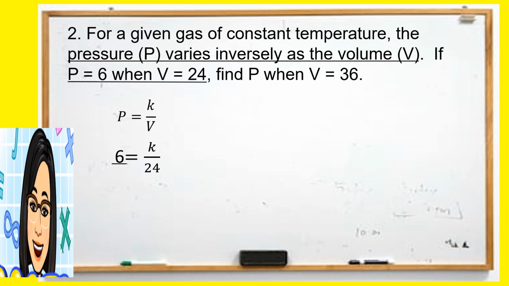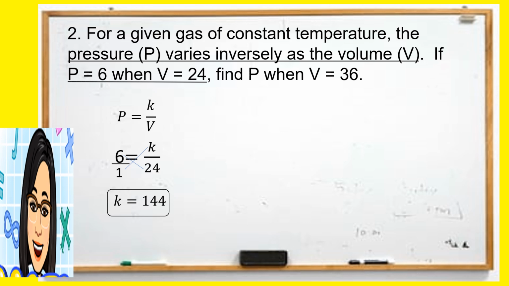Let us change 6 into a fraction by putting it over 1. Now, let us apply cross multiplication. 1 times k, which is k, and 6 times 24, which is 144. So k is equal to 144. This is the constant of variation.